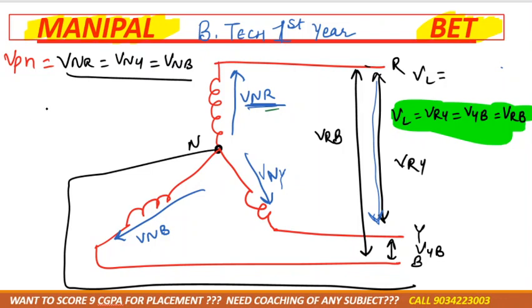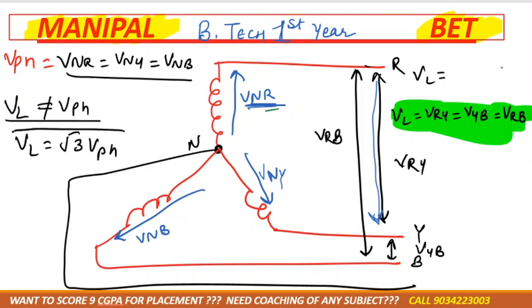So from this what we can conclude is that VL is not equal to VPH, but there is some relation between the line voltage and the phase voltage, that is VL is equal to √3 VPH. Okay, this I am considering, as I told you, for the balanced load only. I am not telling you the derivation because derivation will not come in a paper.